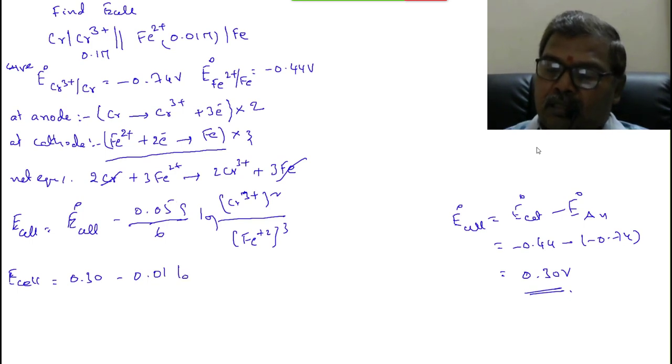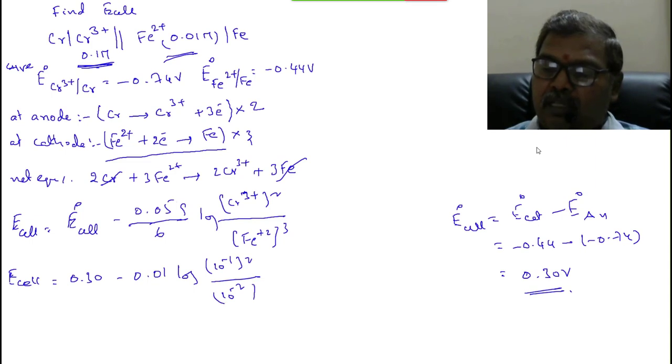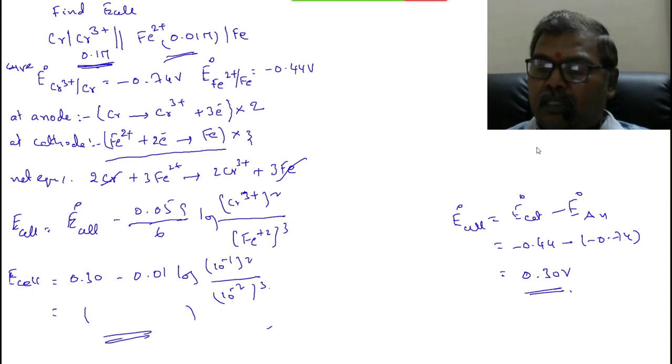So log of Cr3 plus concentration 10 power minus 1, so 10 power minus 1 square, by Fe2 plus concentration 10 power minus 2, so 10 power minus 2 power 3. So 10 power minus 6, 10 power 6, 10 power minus 2, 10 power 4, 4 log 10, so 4. Is it not? So you simplify this equation, you will get the EMF of the cell, right?